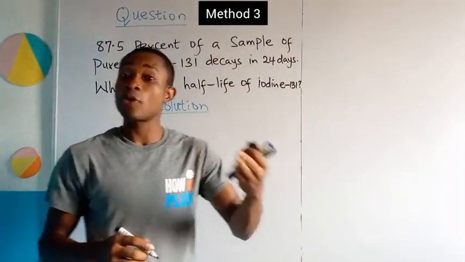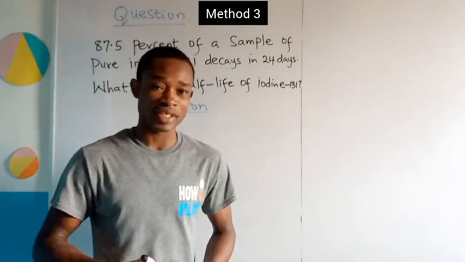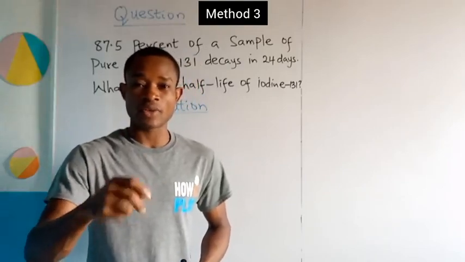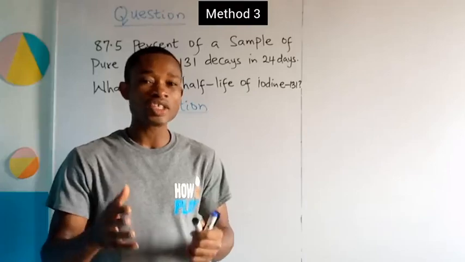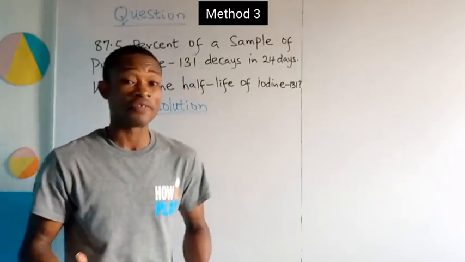Generally, for a decay process, I think I said that under method 1, radioactive decay equations are modeled according to a first order equation. This is where differential equations come into play, differentiation.